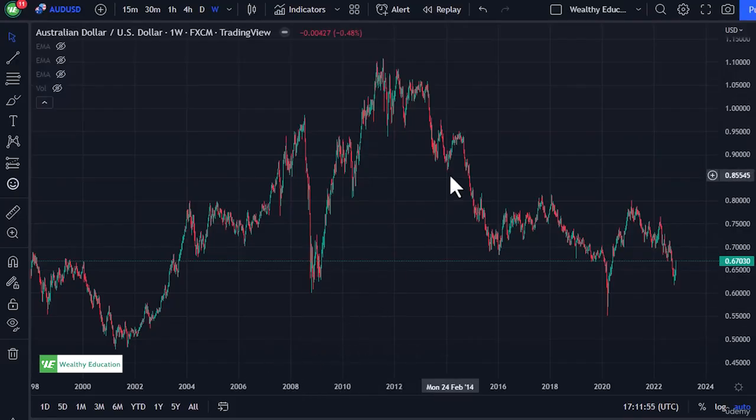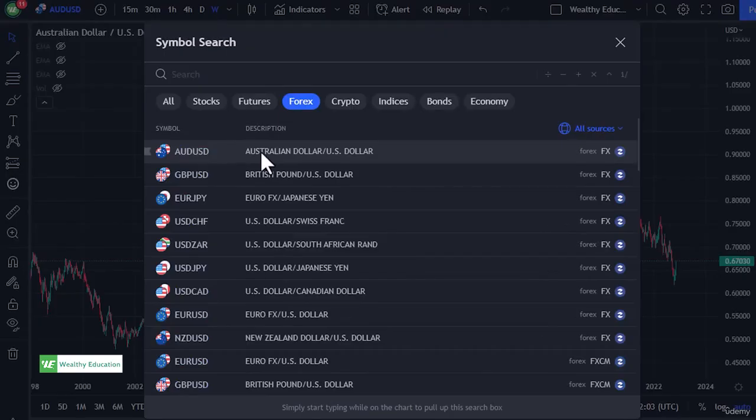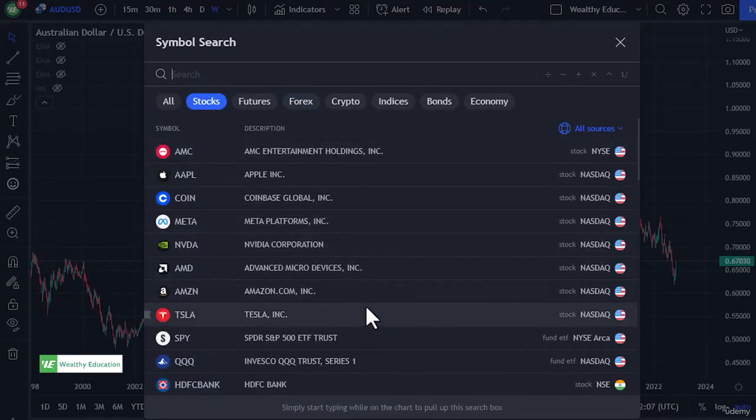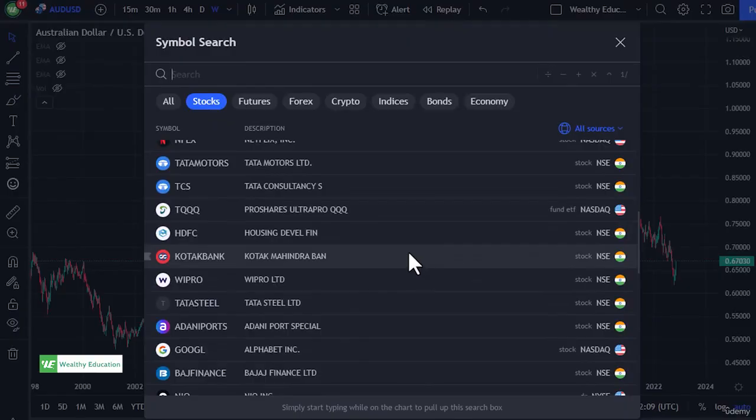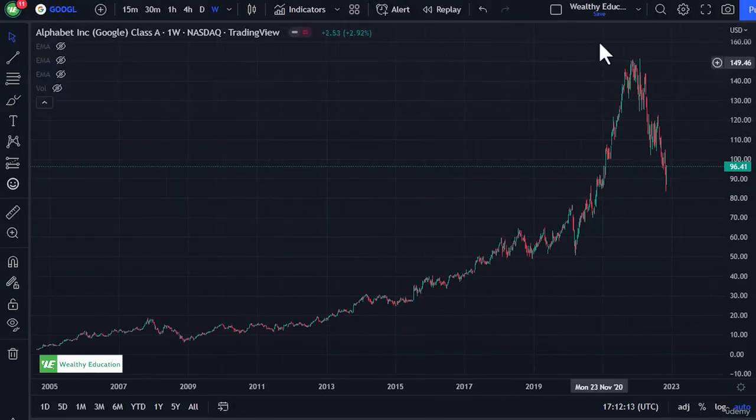Now, granted, you can't base everything on that, but that gives you an idea of why the trend matters. It'd be a little harder with crypto because crypto's so new, but I'll just go into a stock, something with a long history of trading. Okay, Google. Google's been in an uptrend forever, right?